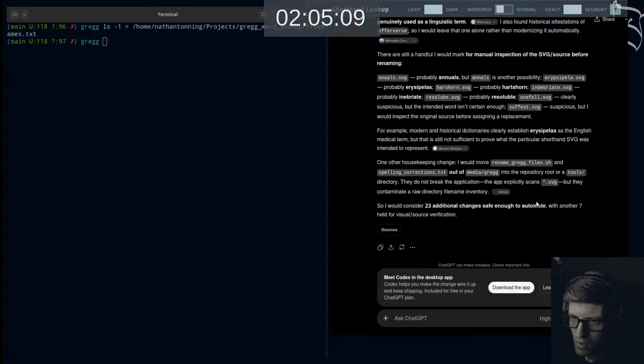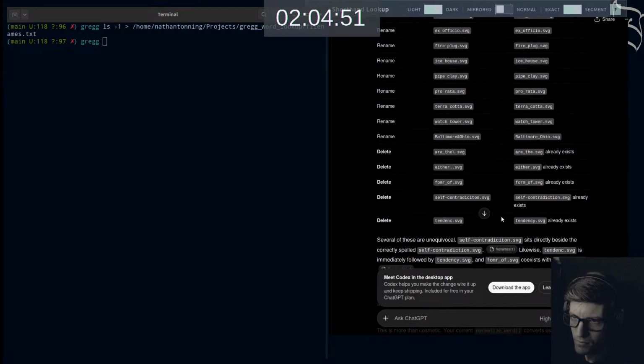Annuals. Right, so I would consider 23 additional changes safe enough to automate, with another 7 held for visual source verification.